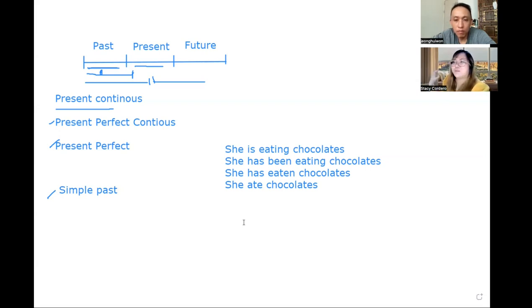But then after opening the door, what do you think will I do next? Is it my chocolate? Yes? I will continue eating the chocolate. Okay, very good.